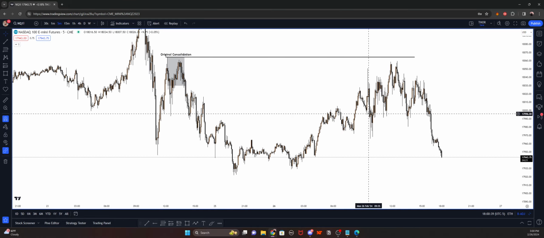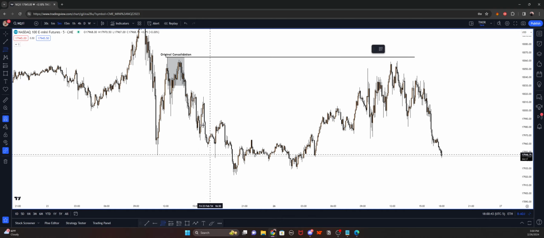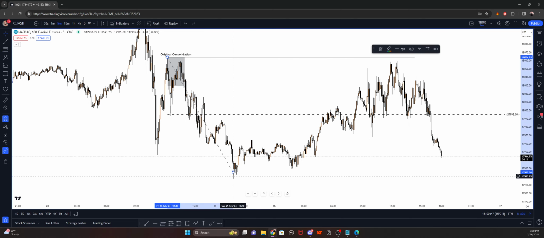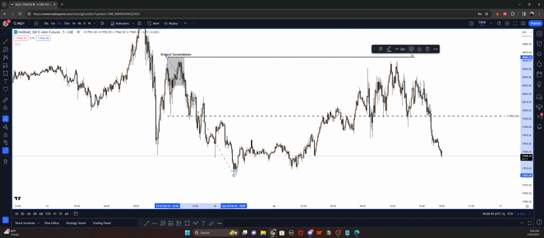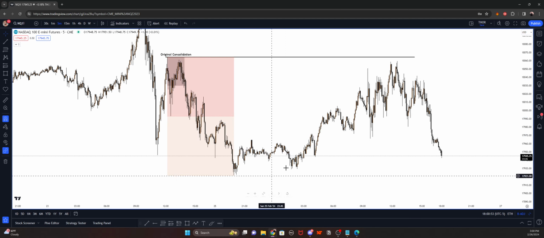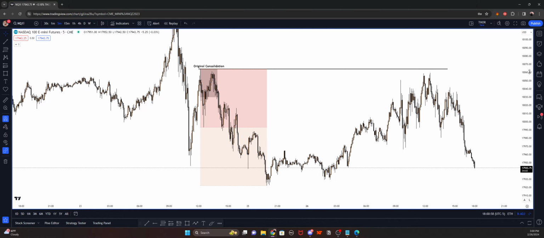So I anticipated all this move in the form of a high resistance liquidity run. Let me pull the dealing range also. So we have a dealing range from original consolidation high all the way down to the smart money reversal area, these lows, right? So I'll zoom out.